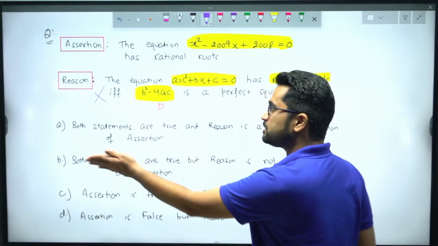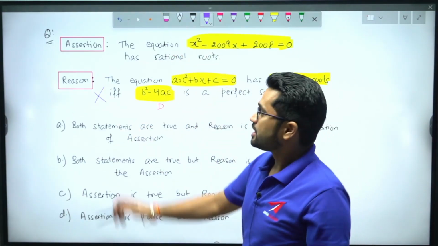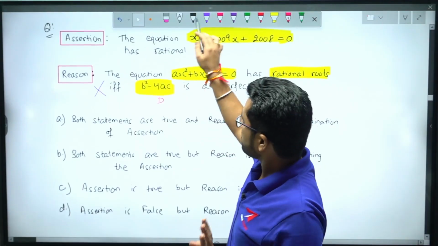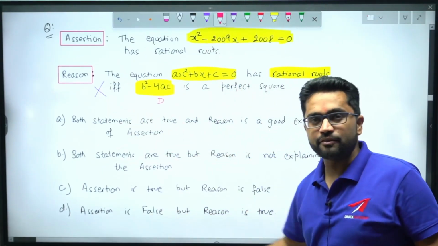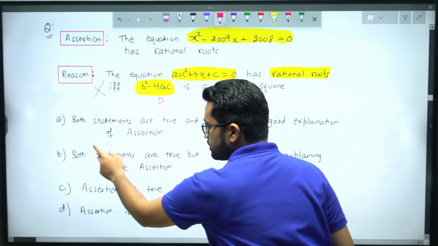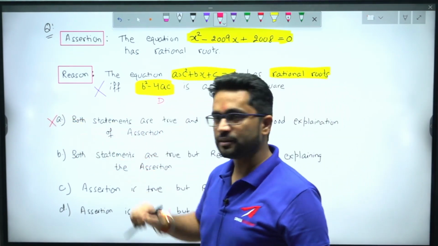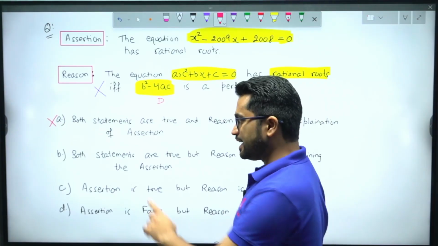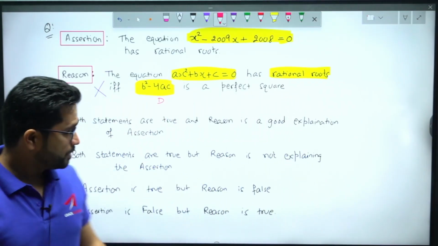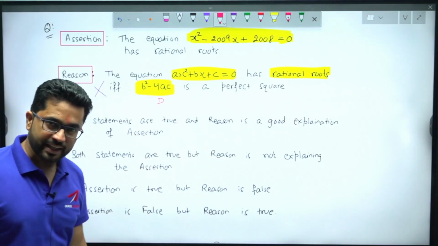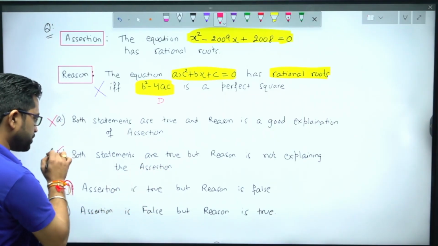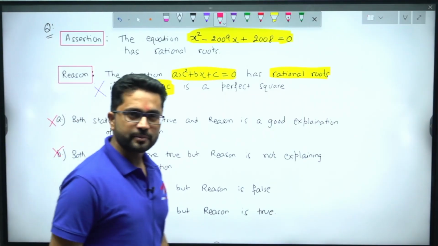So do we need to check the assertion first? But wait, let's see the options. First option, both statements are true. Our reason is not true, so the first can't be the right one. Second, both statements are true but the reason is not explaining. Again, the reason is not true, so this would not be the right one.